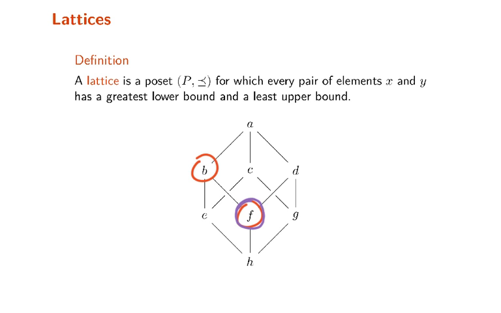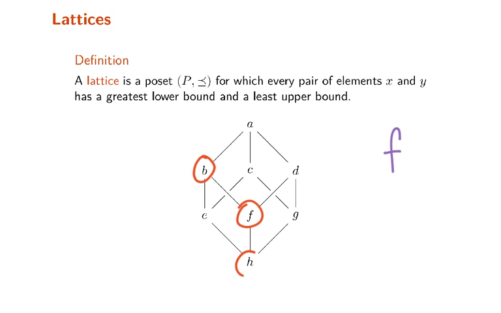Well, F is smaller than B, and is smaller than itself. Remember the loops that we have. So F is a lower bound. So who else is a lower bound here? Well, B is not, because B is smaller than itself, but B is not smaller than F.